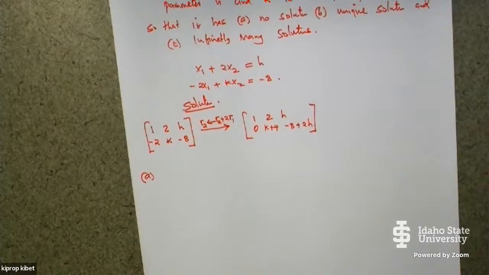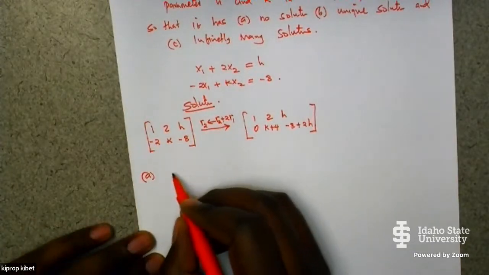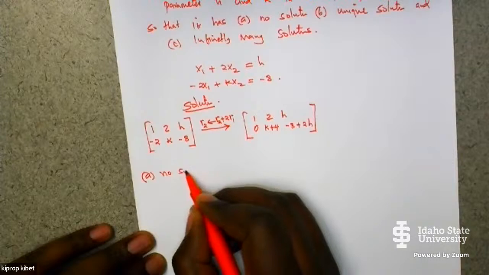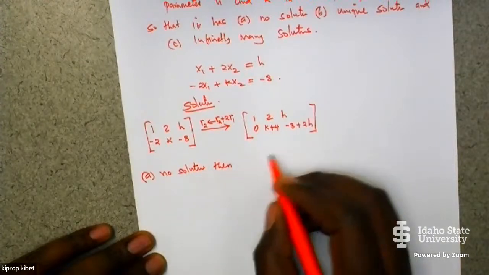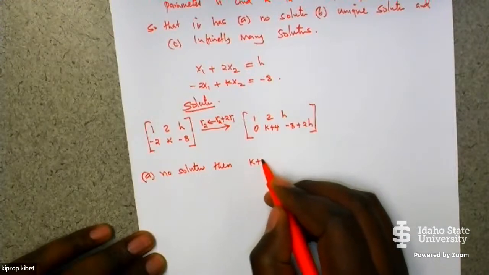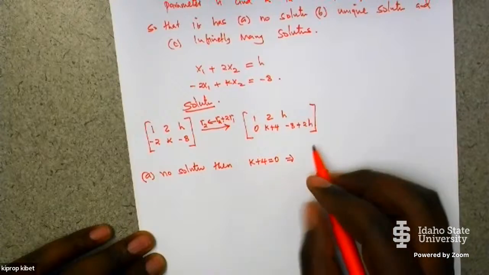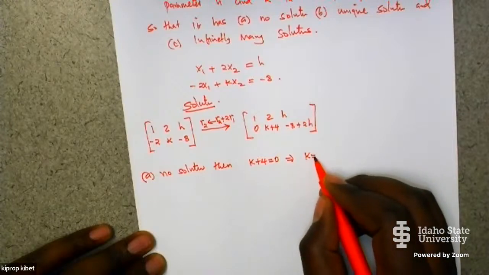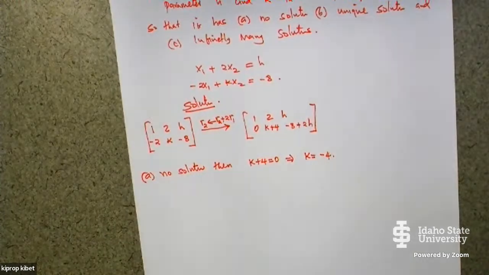So the last row should be contradictory. In this case, k plus 4 should be equal to 0, and therefore k should be equal to minus 4.